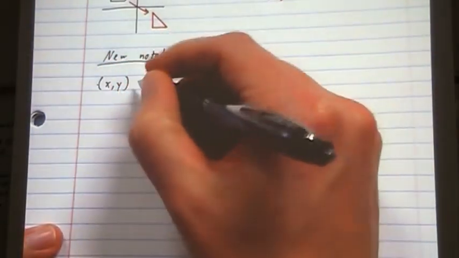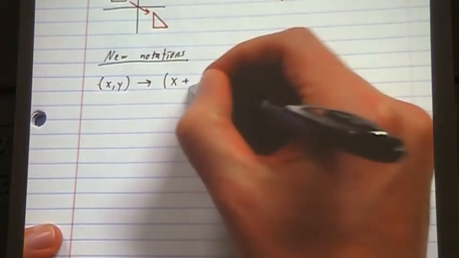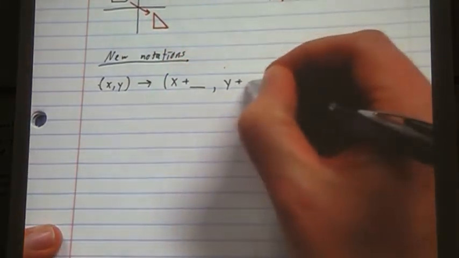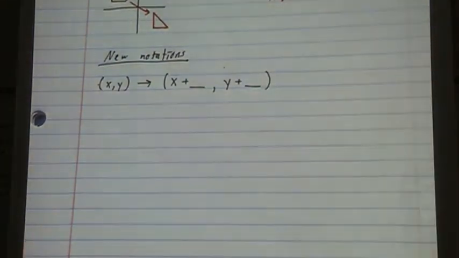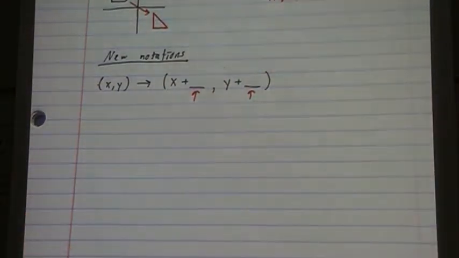You might have a parenthesis with xy, and then an arrow, x plus a number, comma, y plus or minus a number. Okay? And there's going to be a value in those kind of blanks I have there for our notes. And those values are going to show you what to add or subtract from each x and y value.